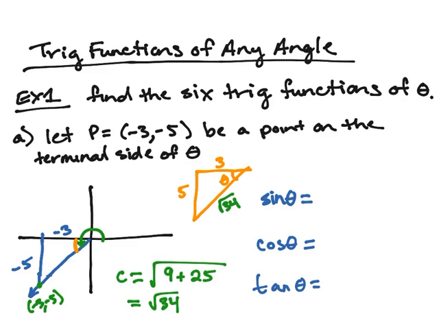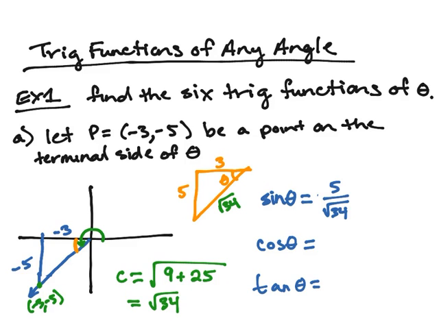We're using SOHCAHTOA. Opposite of my theta is 5. My hypotenuse is the square root of 34, and actually leave some room in front of the numbers you're writing because we're going to have to determine if it's positive or negative, so I need a little room for a negative sign in case I have to put it there.